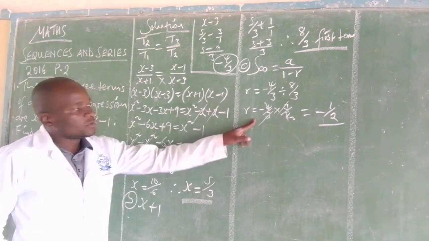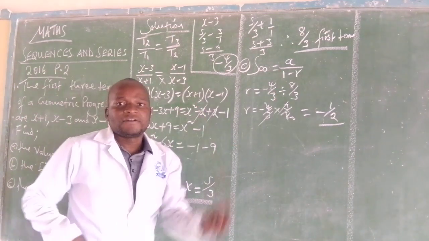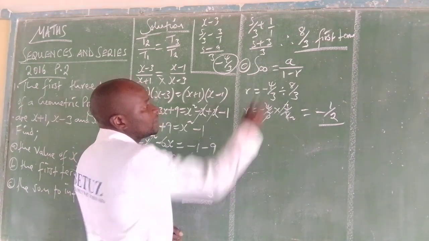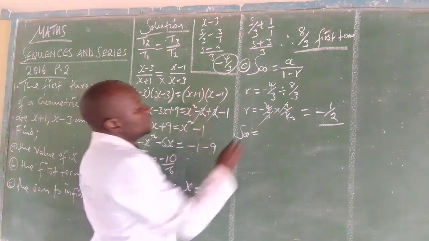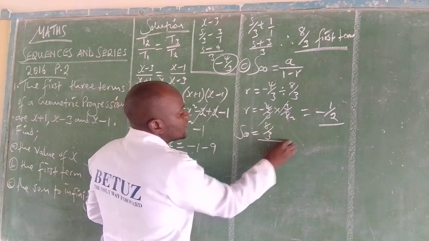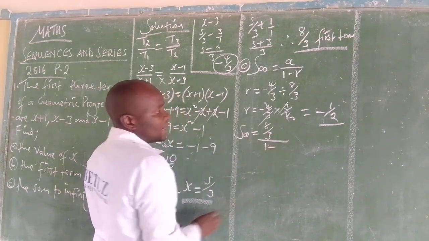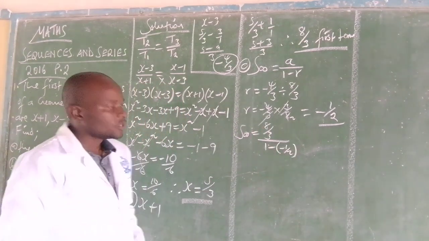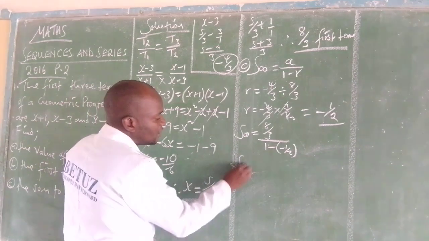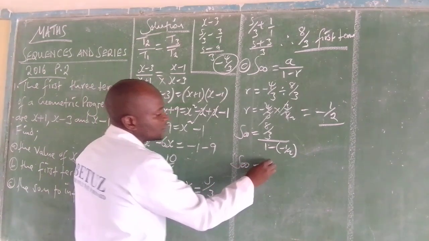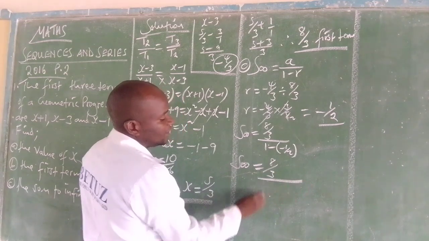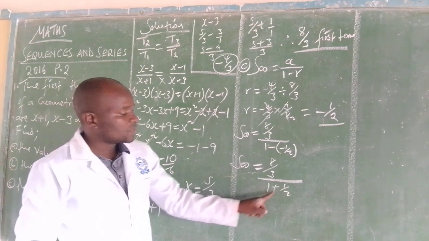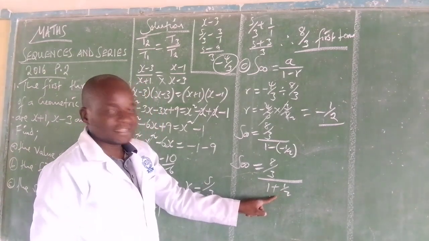Since the common ratio is now known, we can replace it in our formula for the sum to infinity. The sum to infinity is equal to a, the first term, 8/3, divided by 1 minus the common ratio, which is negative 1/2. So the sum to infinity is 8/3 divided by 1 plus 1/2, and 1 plus 1/2 gives us 3/2.